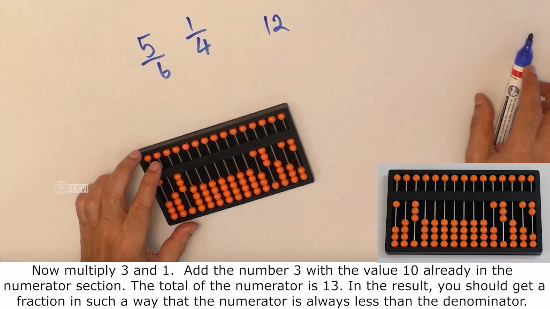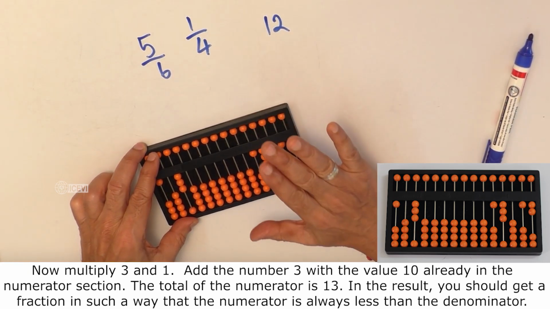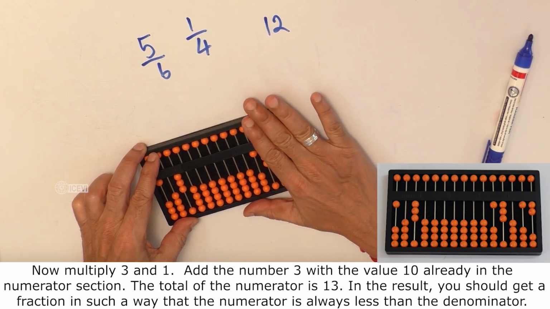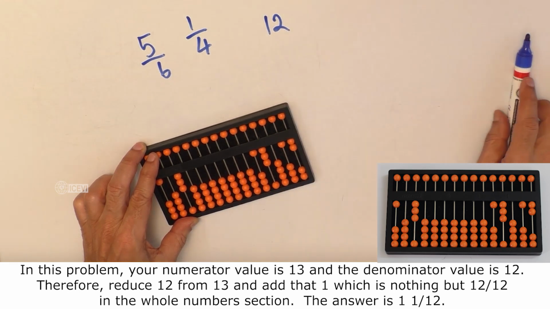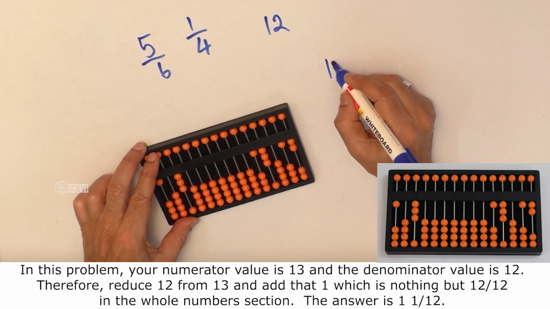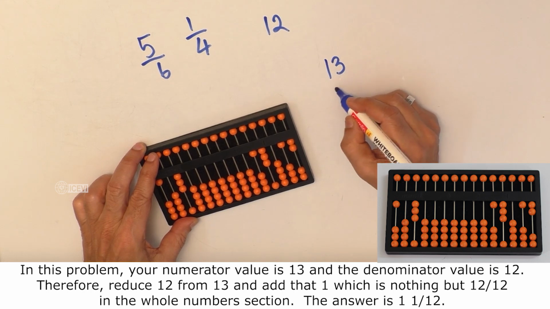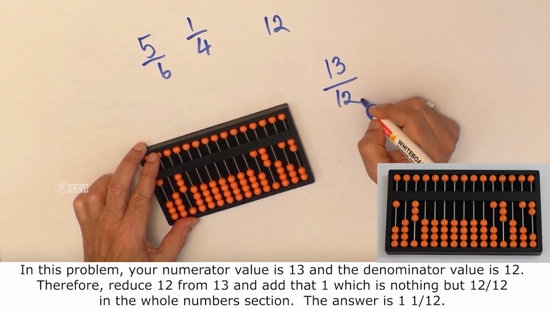In the result, you should get a fraction in such a way that the numerator is always less than the denominator. In this problem, your numerator value is 13 and the denominator value is 12.